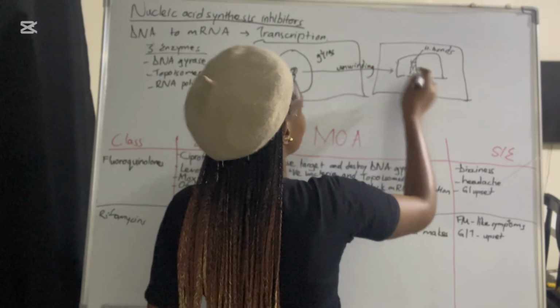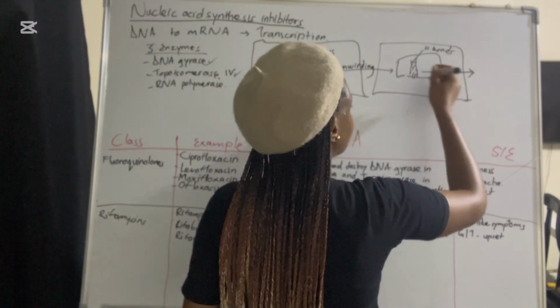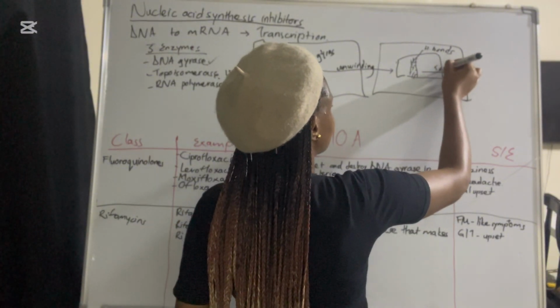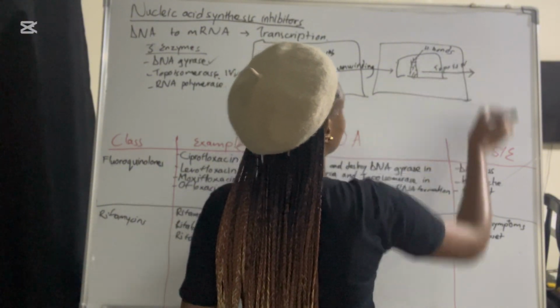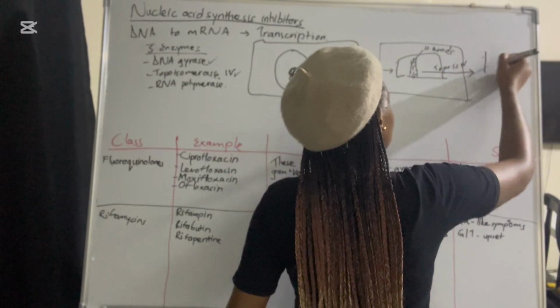Topoisomerase 4 is going to split down the hydrogen bonds to form two strands.